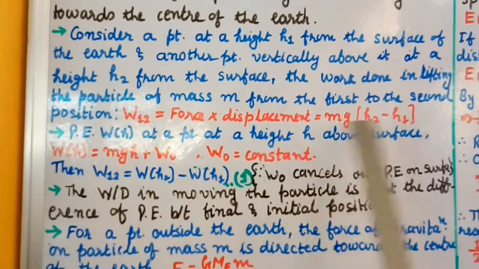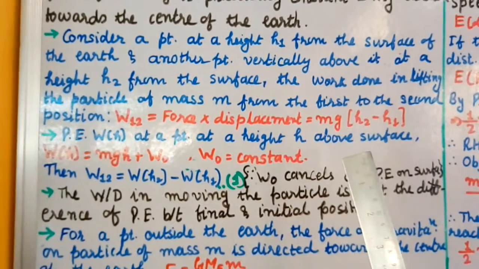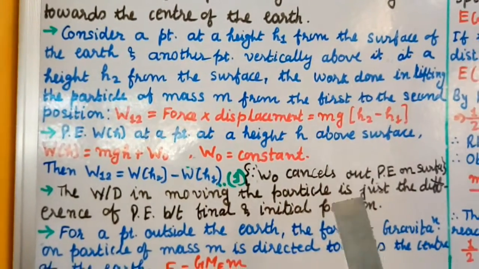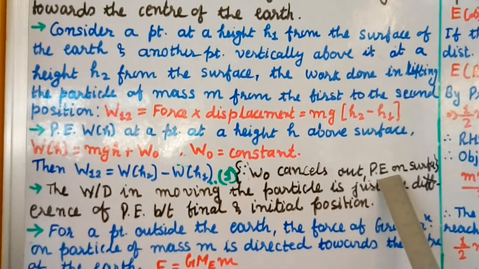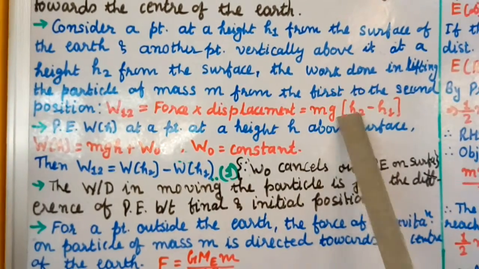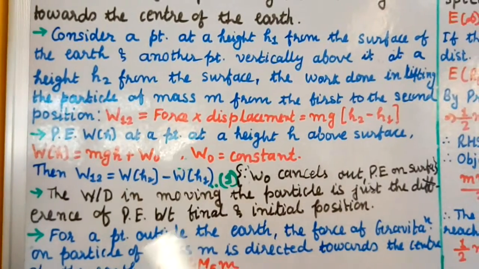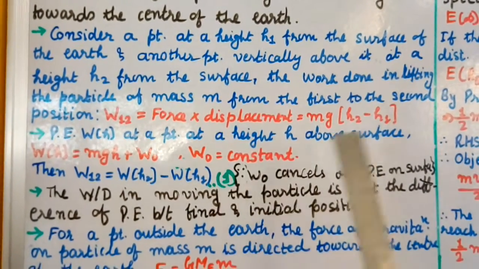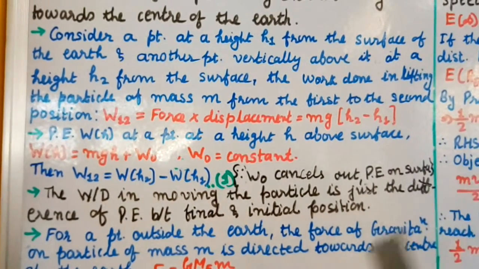In that, if you use this formula, then this W naught will cancel out. W naught is nothing but the potential energy on the surface of the earth. W naught will cancel out when you are combining these two equations, because it is a constant, and that is nothing but the potential energy on the surface of the earth.